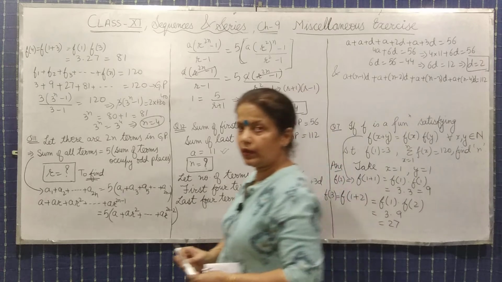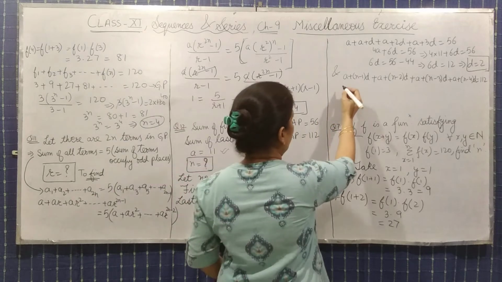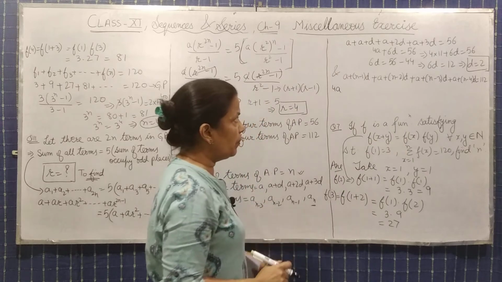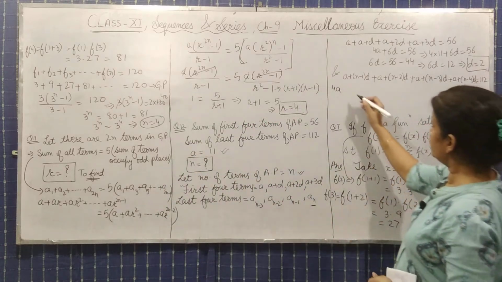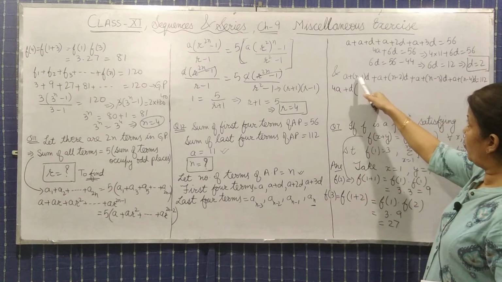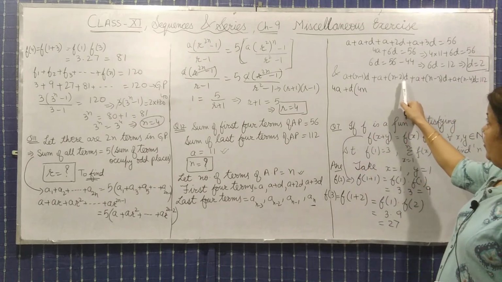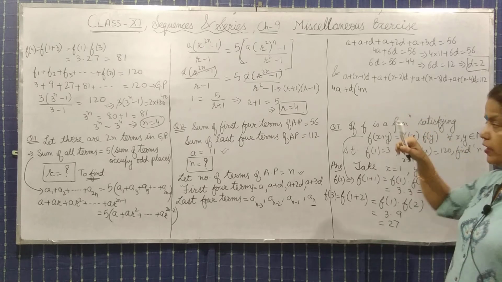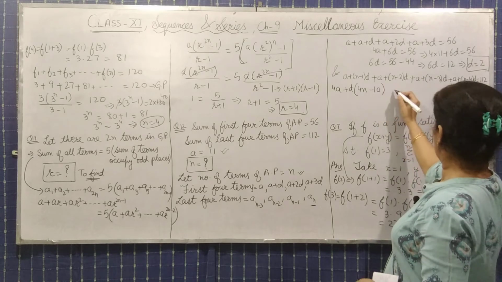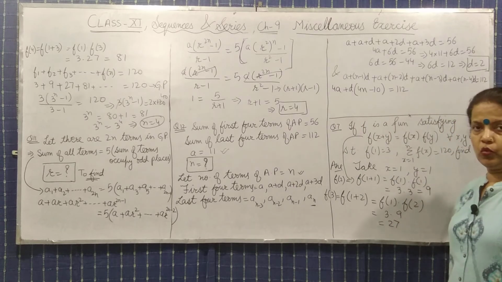ये दिया हुआ है. And the value of A, if you will solve it, it will come as 4A plus you can take D common. तो आपके पास क्या रह जाएगा? If you will take D common, 4n minus 1, minus 2, minus 3, minus 6, minus 10. This is equal to 112. अब what will you do? क्या करेंगे?